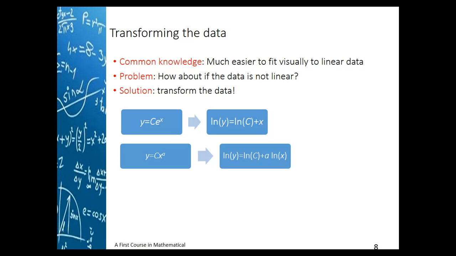Meaning that, for example, y equal to c e to the power of x. Oh, that's okay, no problem. If you transform your data, you involve your ln. That's why we say that exponent and logarithm is a very close friend.